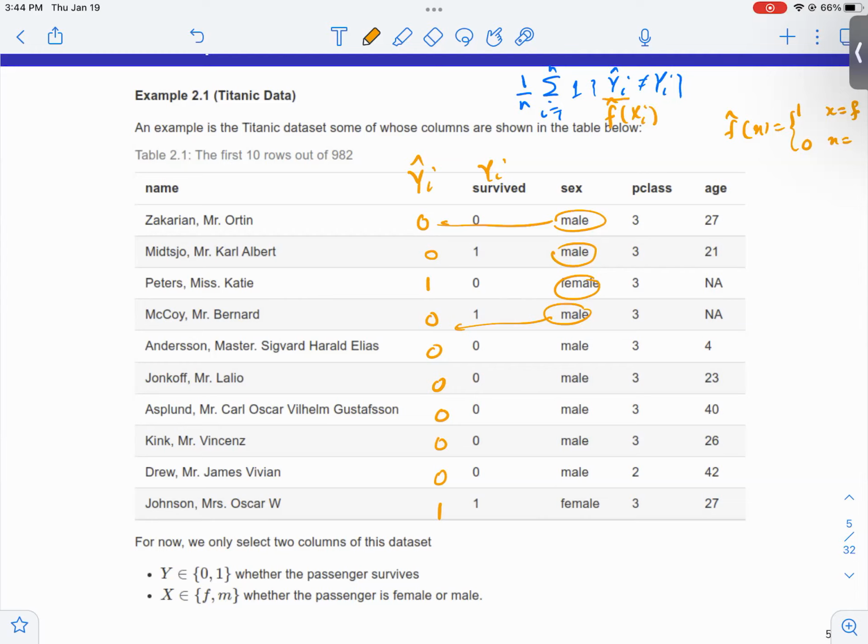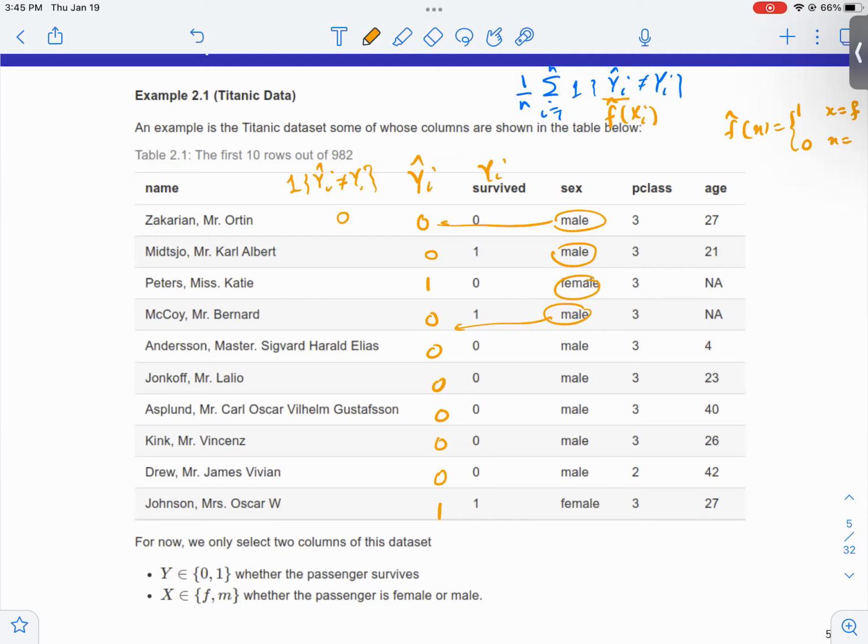This is like the indicator of y hat i not equal to y i. This is another column. What would it be for the first row? Yes, this would be 0. I just want you to understand what the indicator is. The indicator says if y hat is not equal to y i, then it's 1, otherwise it's 0.